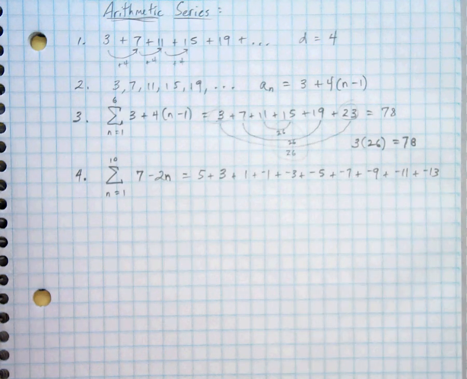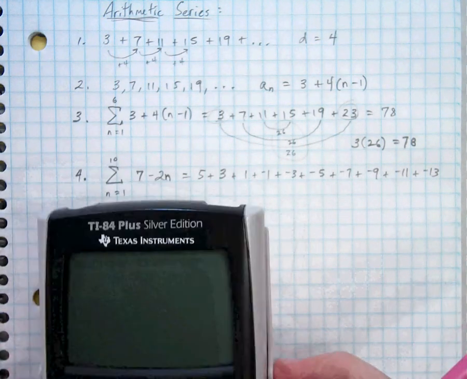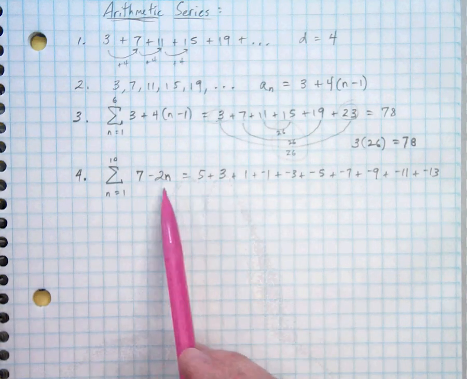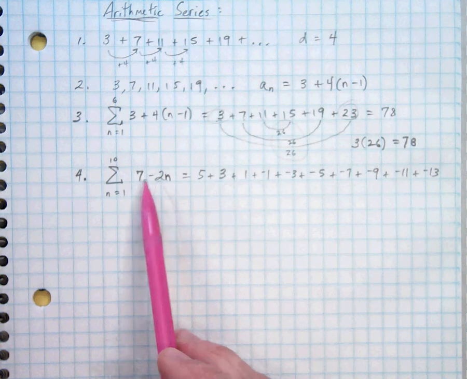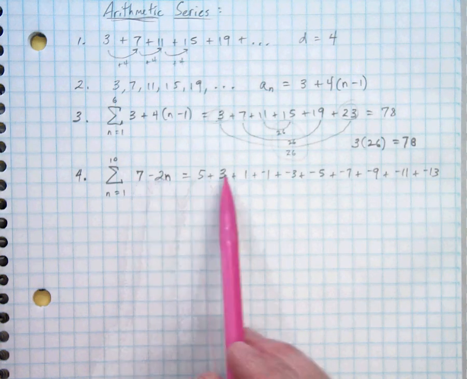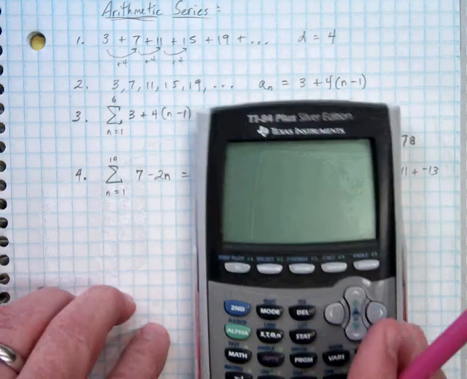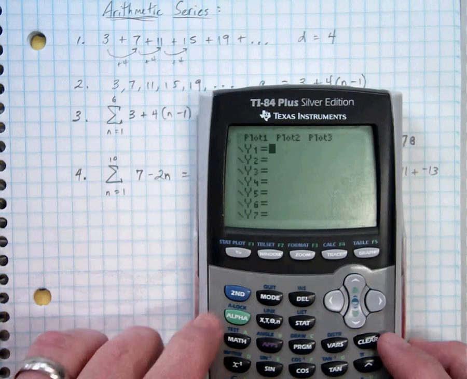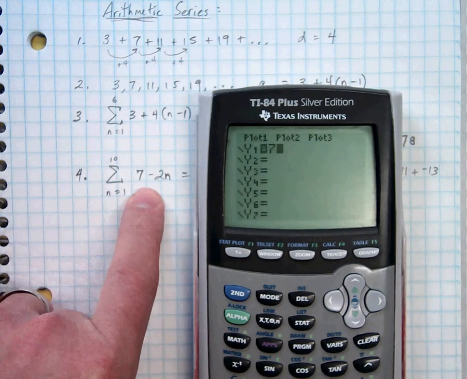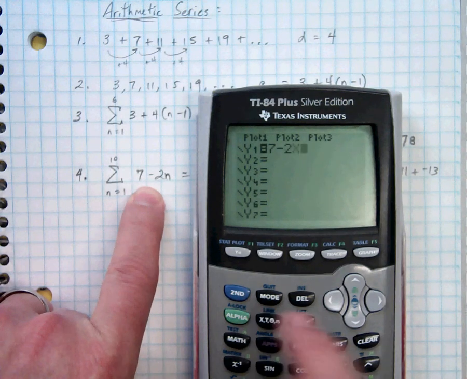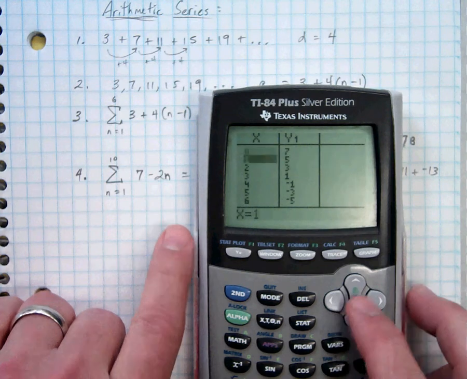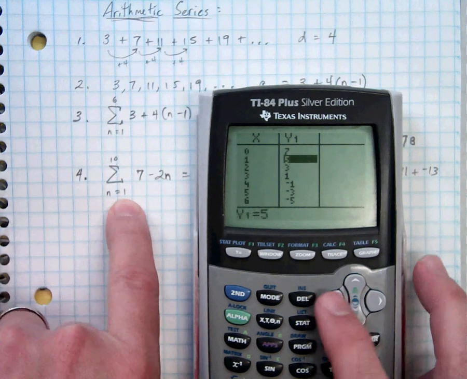Now, if you didn't understand that I'm just taking away 2 every time, starting with 7 minus 2, you can use your calculator. We'll go to y equals and put this explicit rule in with an x, and then just go to your table, and we're starting with 1, so right there's the first number, right?